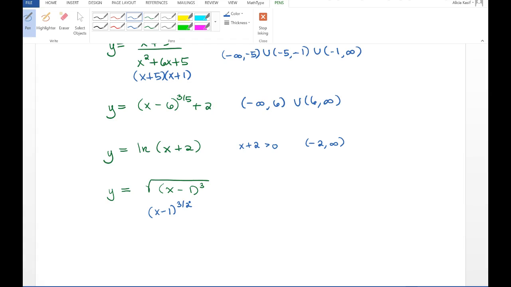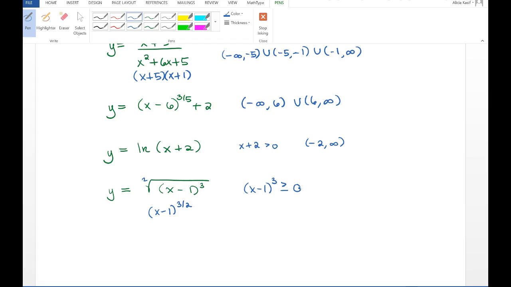Yeah, Sean. We need to make sure that what's underneath is greater than 0. If this is a square root, we want to make sure this is greater than or equal to 0. So logarithms, we make sure they're greater than 0. Square roots, we make sure it's greater than or equal to 0.